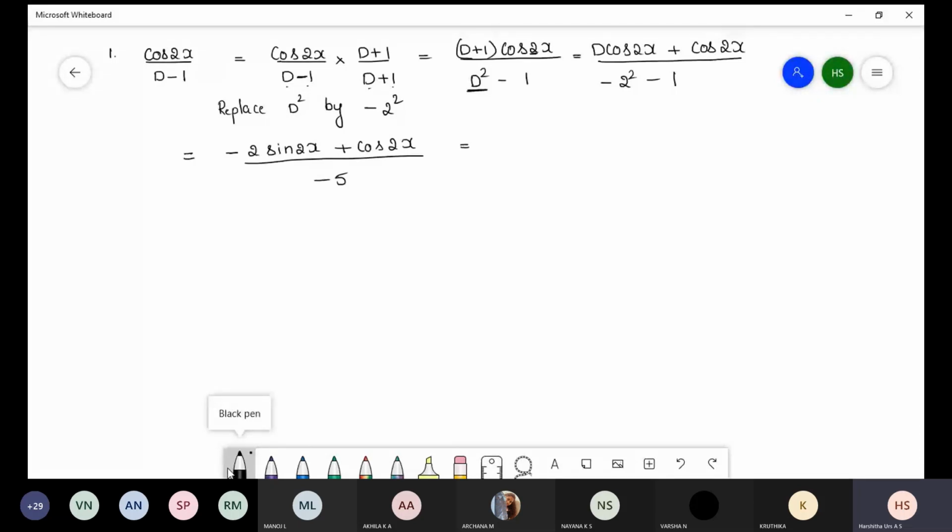Now in the numerator take out minus as a common: minus of 2 sine 2x minus cos 2x divided by minus 5. The minus minus will get cancelled, remaining 2 sine 2x minus cos 2x divided by 5. Is there any doubt in this problem?